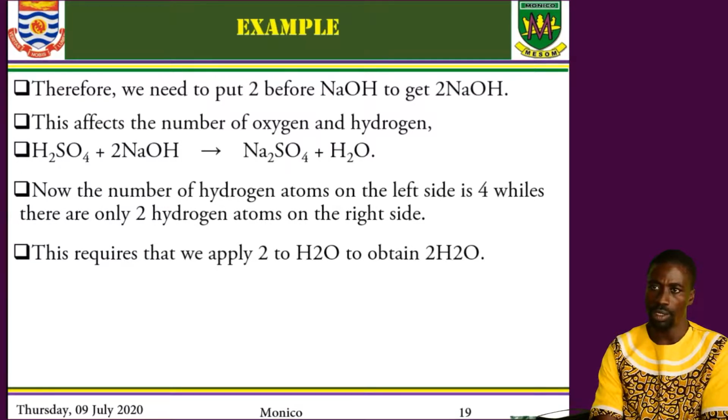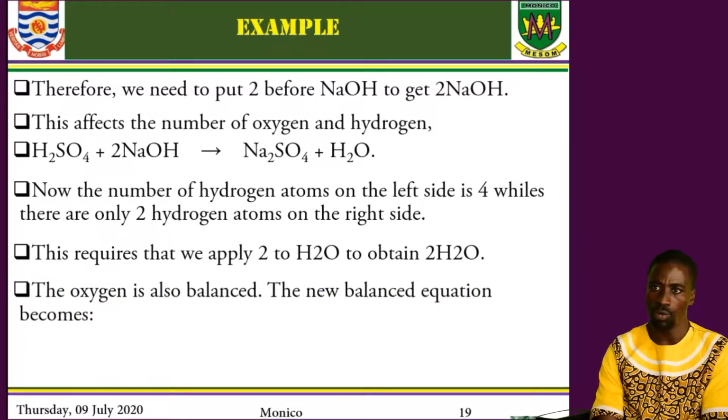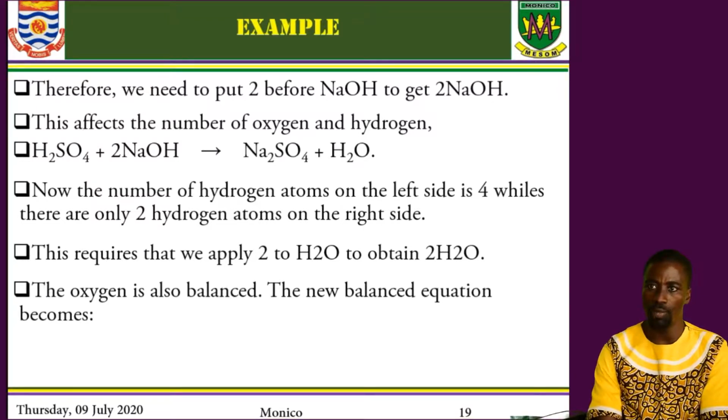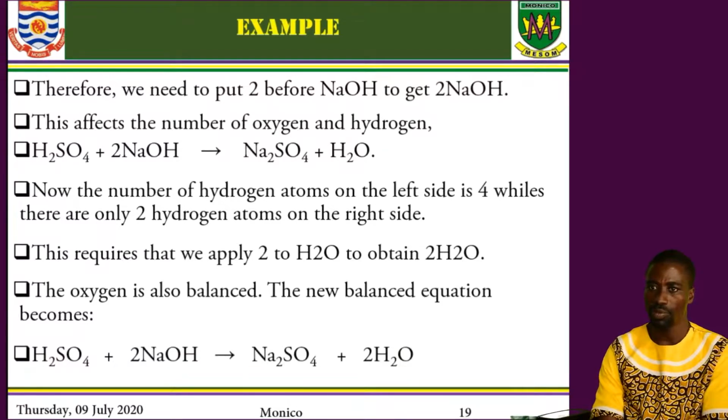And when I do that, I have also altered the number of oxygen, because in water there is oxygen. So you see that the more you change the coefficients, the more problems you create. But don't worry, at the end of the day, you'll be successful.